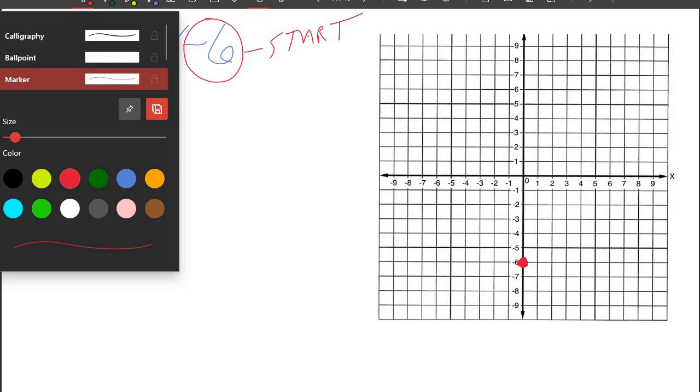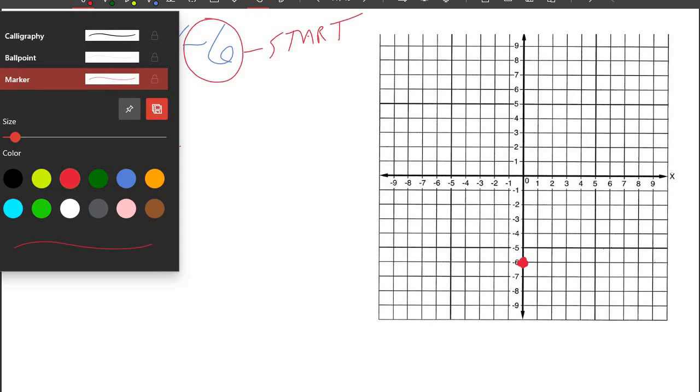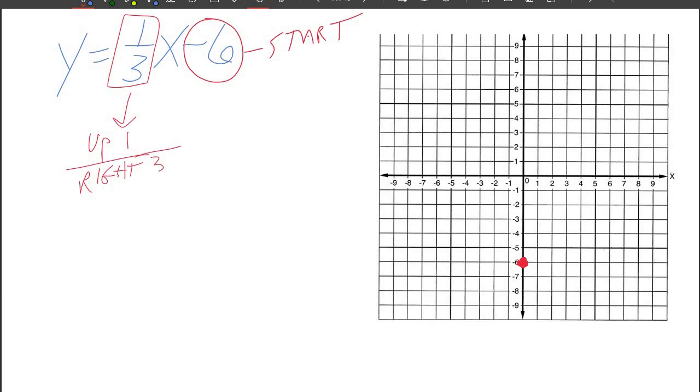The slope gives me my directions. It's up 1 and to the right 3. So from this, I'm going to do a little different marker. So from the starting point, you walk up 1 step, and then you go over 3 steps.